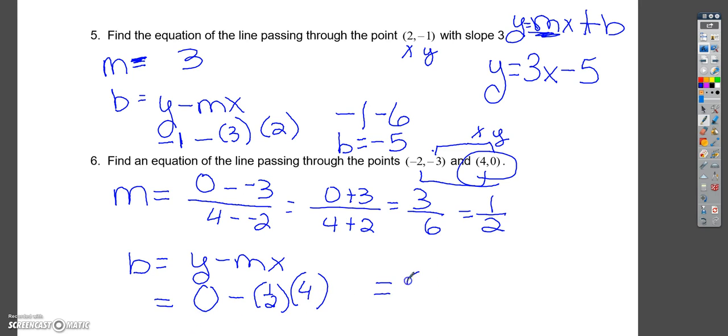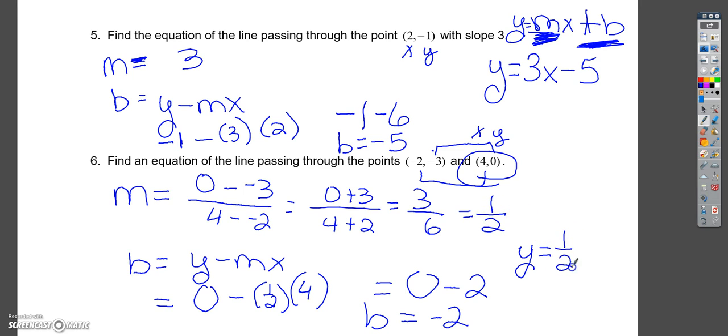So this gives us 0 minus 2, which would be negative 2. So b equals negative 2. So now we have to write our equation, put in m, and put in b. So y equals m, which is 1/2, x plus b, which would be negative 2. So this would be our equation.